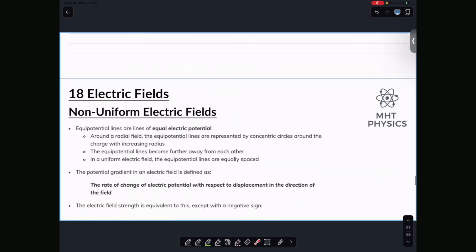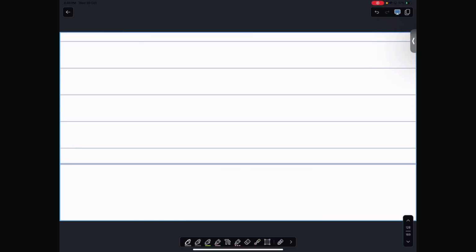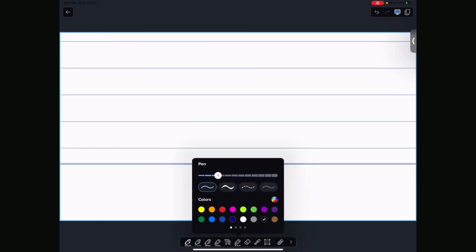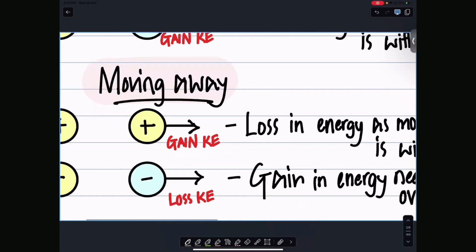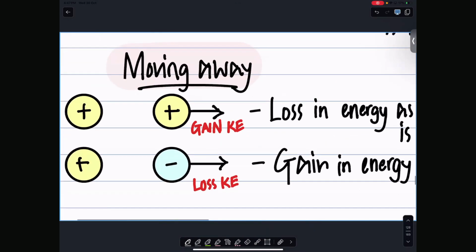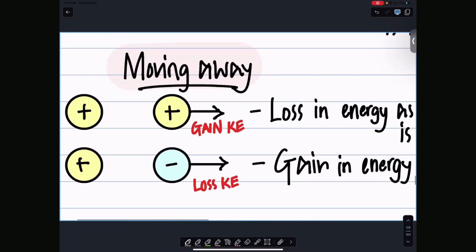So আমি এখন একটা তোমাদেরকে random দেই. The negative will naturally move away directly. No, wait, just a second.